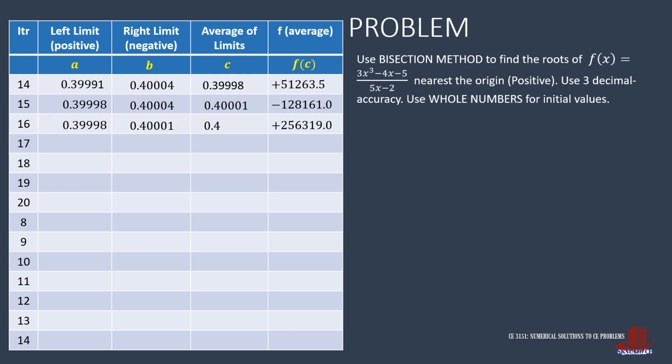As they get closer, we can visualize the answer now. The next iteration takes 0.4 as the new a. Then b is 0.40001. Their average will come out as 0.40001 again, and f of c is negative 256,321.